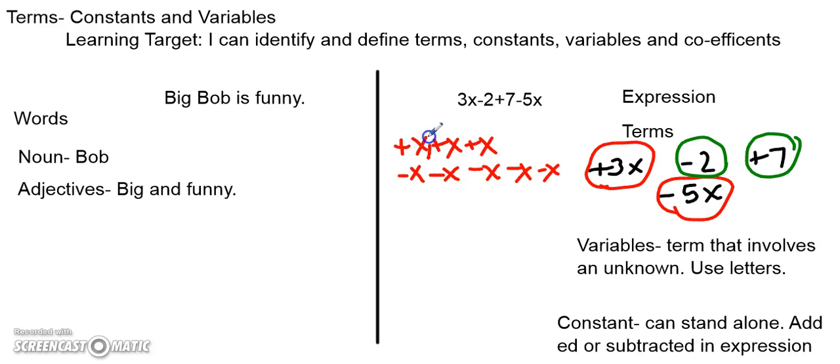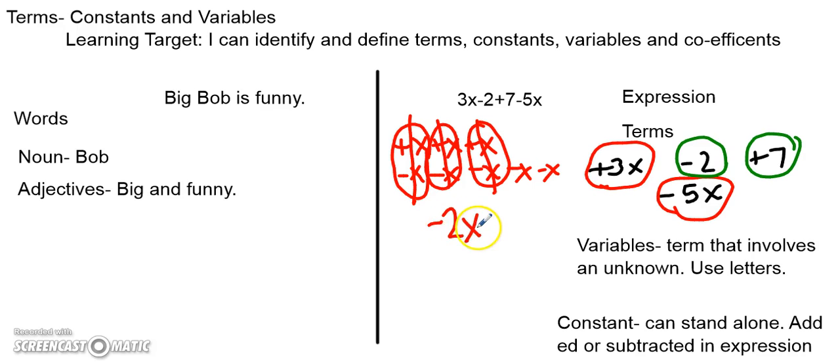If we create some zero pairs, a positive x and a negative x cancel each other out. These ones cancel each other out. These ones cancel each other out because they're zero pairs, so they go away, and I'm only left with 2 negative x's. So I'm going to write negative 2x to indicate that I have 2 negative x's.